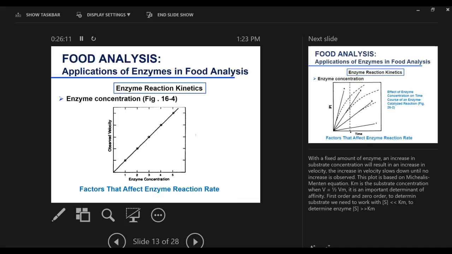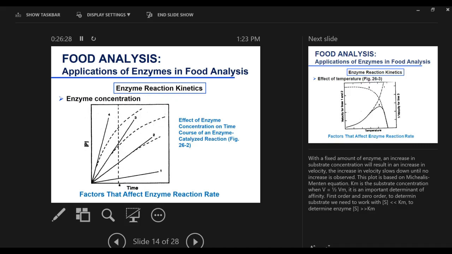Okay. So now let's talk about factors impacting the rate. As I said, as you increase enzyme concentration, your rate, your velocity, increases. That is an obvious impact of the concentration of the enzyme. However, we have to be careful with selecting the enzyme concentration and the time of the reaction, two things we really need to be careful about when we design enzymatic reactions. We need to select a time that is meaningful, not too short and not too long.